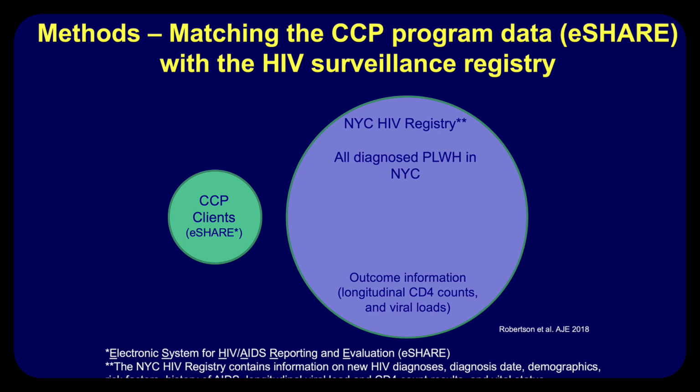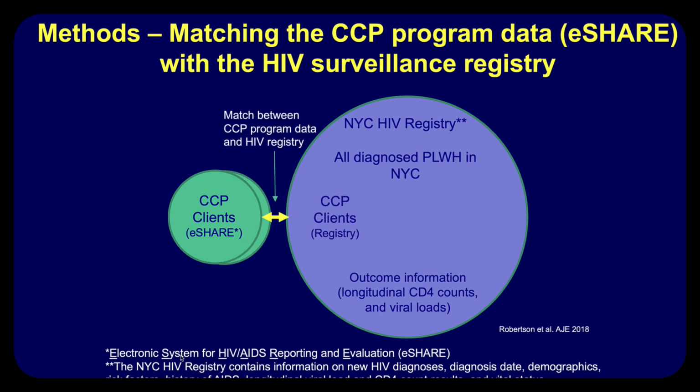And by doing a match between the eShare database and the HIV registry, it becomes possible to identify the care coordination program clients in the registry. And so now it's possible to know their outcomes, and we're able to compare it to other people in the registry who did not enroll in the care coordination program.